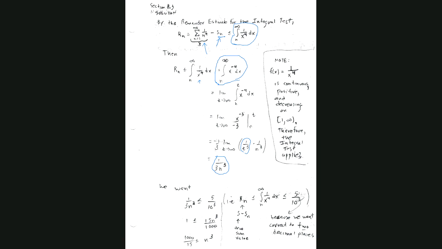Now, where does the 5 over 10 cubed come from? Because we want to estimate the series correct to 2 decimal places, the error needs to be less than or equal to 0.005 in order to ensure that the series is correct to 2 decimal places. 0.005 is 5 over 10 cubed.